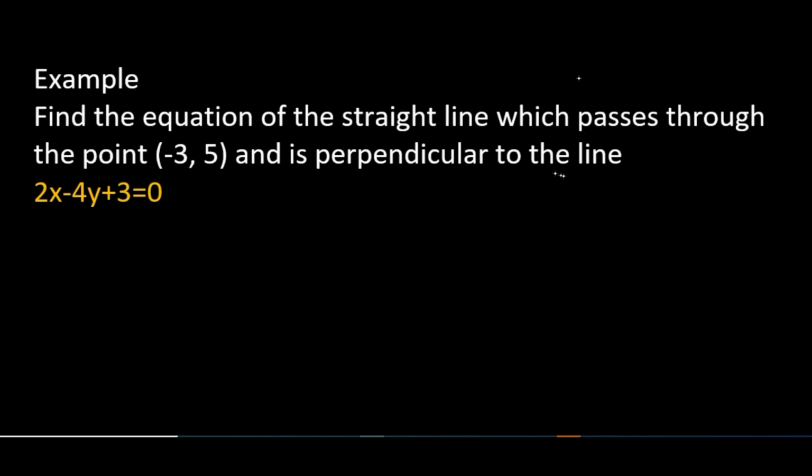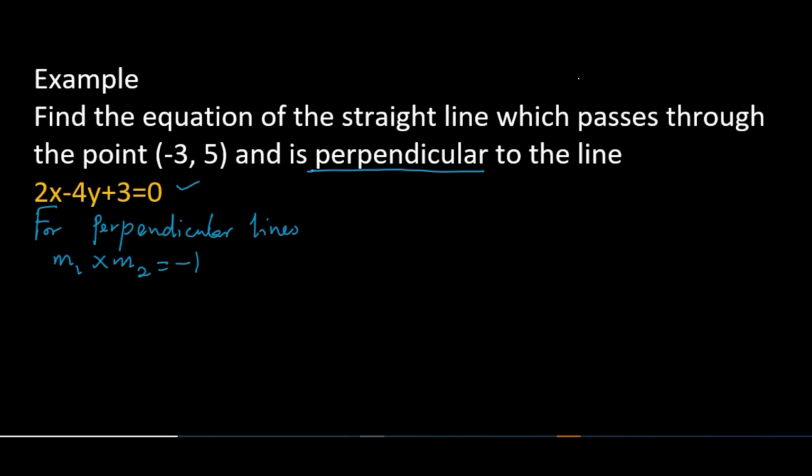Example, find the equation of the straight line which passes through the point this and is perpendicular to the line. Okay, to find this one here, we have to know, we say it's perpendicular. For perpendicular line, we should know that the m1 times m2, that is the gradient of the first one times the gradient of the second one, will be equal to minus 1.